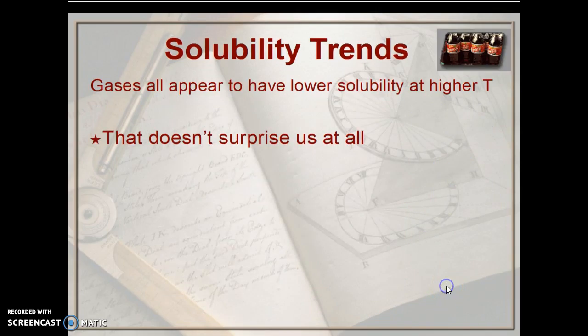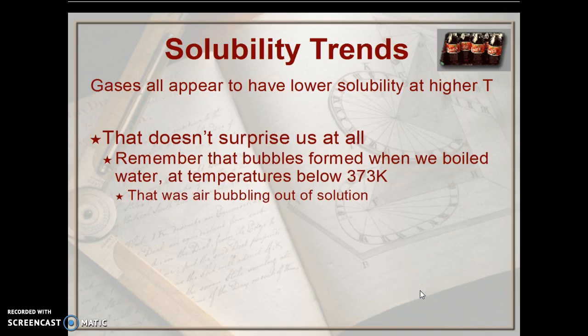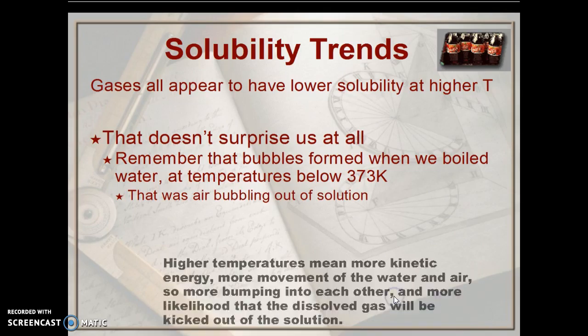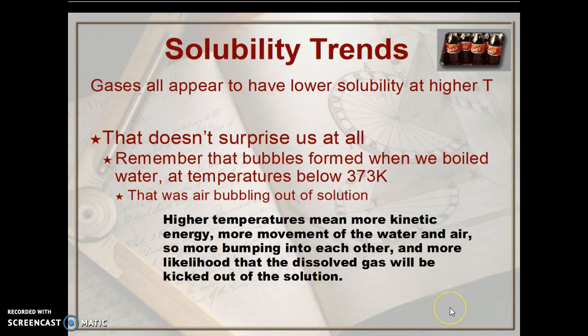Let's talk about gases for a minute. It doesn't surprise us that gases appear to have a lower solubility at higher temperatures. Remember, bubbles formed when we boiled water way below 100 degrees Celsius. That was air coming out of the solution. Higher temperatures mean more kinetic energy, so more movement of the water and the air molecules, so more bumping into each other, and more likelihood that the dissolved oxygen and nitrogen will be kicked out of the solution.